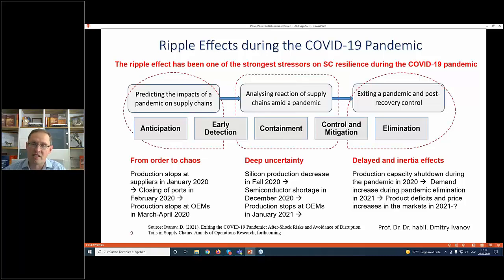Also, with consideration of price fluctuations and incoming inflation, one can expect even some product deficits and price increases in the markets, which we already observe now, and this trend can continue for the next 1-2 years.